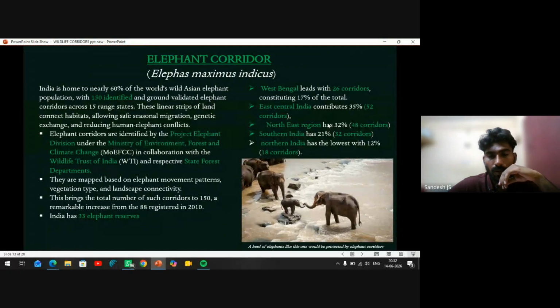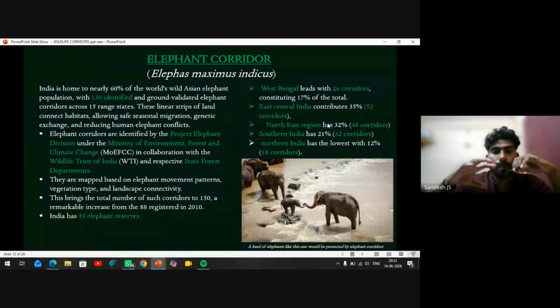These corridors are identified by the Project Elephant Division under the Ministry of Environment, Forest and Climate Change (MoFCC), which is the ministry that handles everything related to forest, nature and environment, in collaboration with the Wildlife Trust of India and the respective state forest departments.